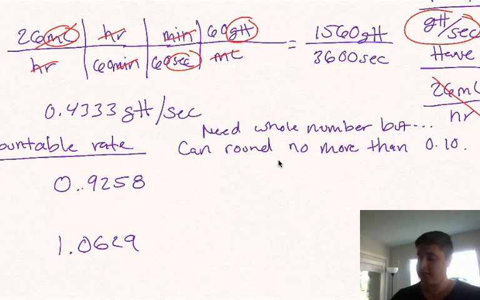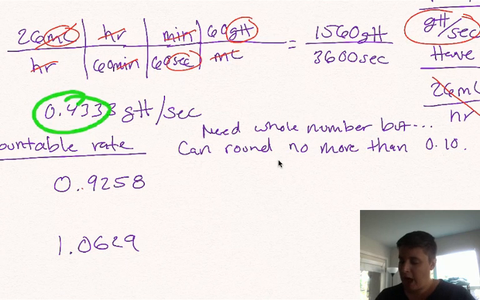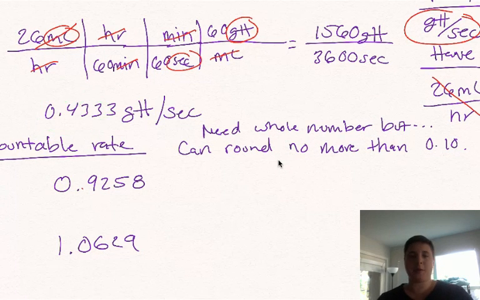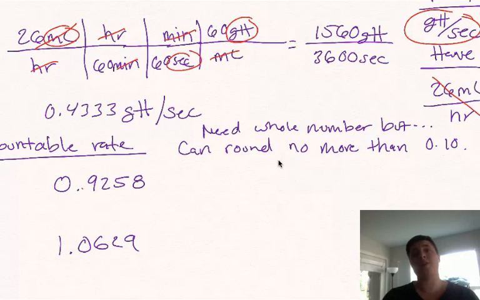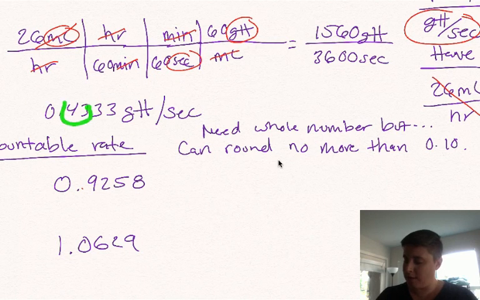So for instance, for this one right here, well, obviously, it's a 4, it's not over 5, so I wouldn't round to 0, right? That makes no sense. But I couldn't just round up to 1 either. That's crazy. That's more than double what that is. That's a lot, right? So I can't do that. So I need to get to the point where I'm only a tenth away.